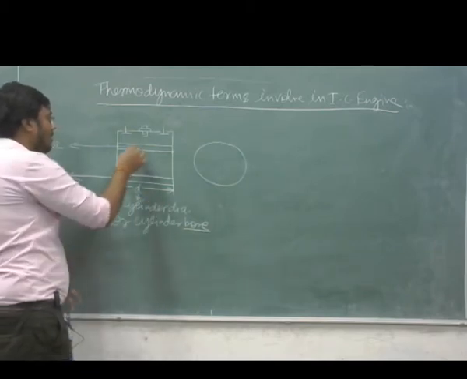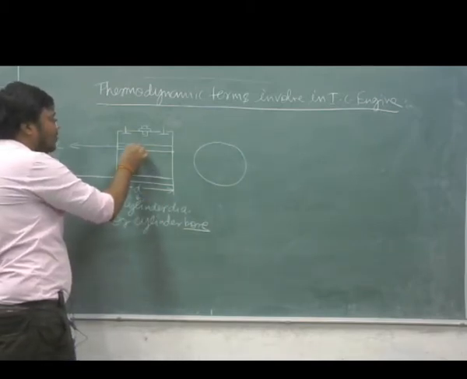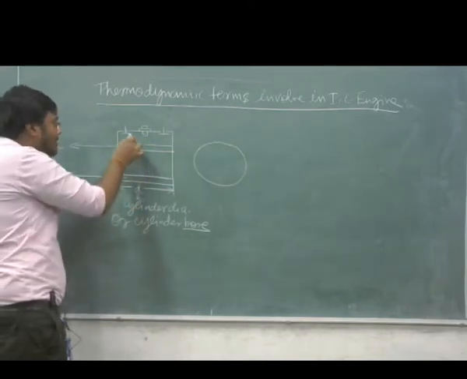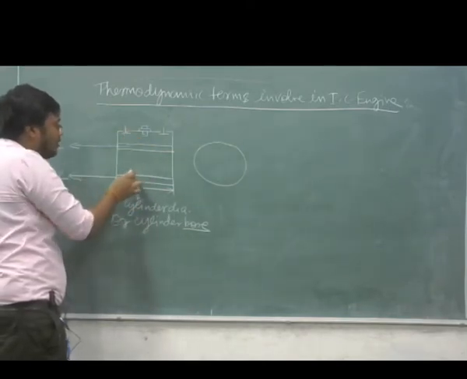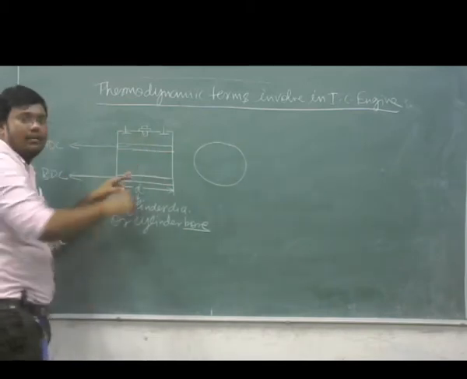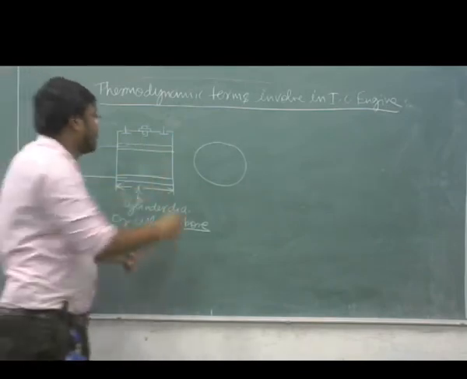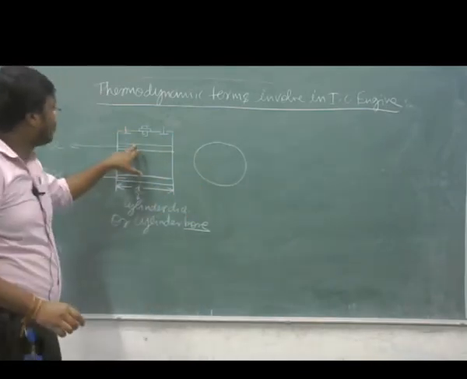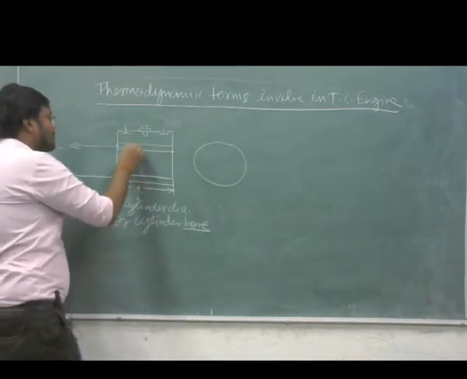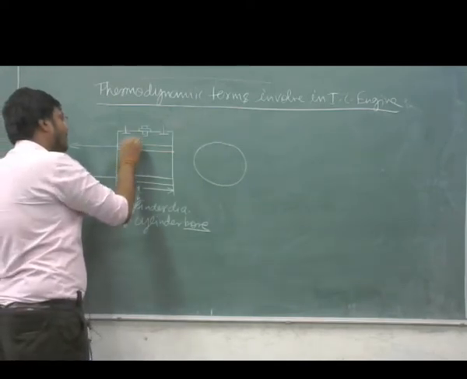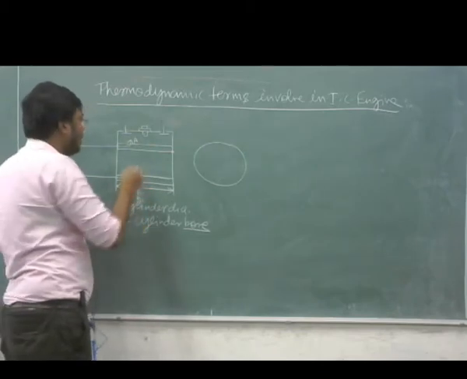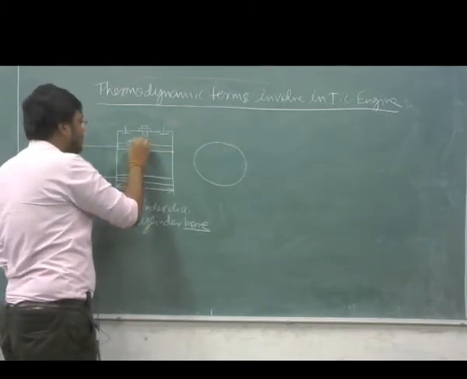Next is the piston. The piston is also of circular shape and moves inside the engine cylinder. As the engine cylinder is circular, the piston is also circular. So this piston has some area, which is known as piston area.